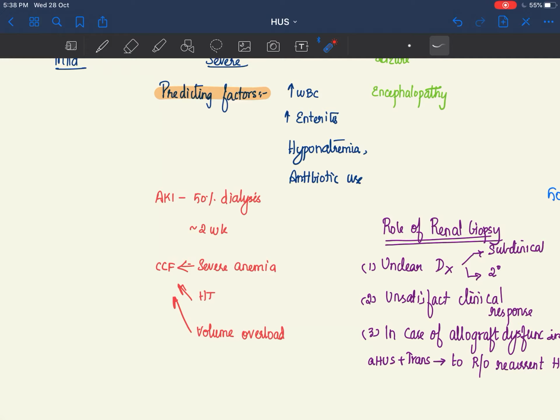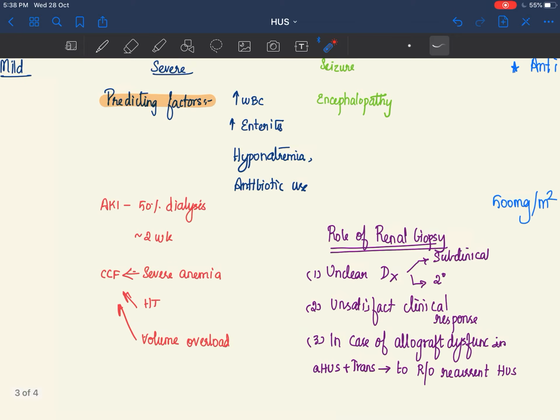When do you go ahead and do a renal biopsy? Only in these 3 conditions. Where the diagnosis is not clear, if it is secondary to some systemic disorder or it's a subclinical presentation with just AKI and hypertension without anemia or thrombocytopenia; or the clinical response is unsatisfactory; or a patient with atypical HUS has undergone an allograft transplant and the allograft is dysfunctioning.